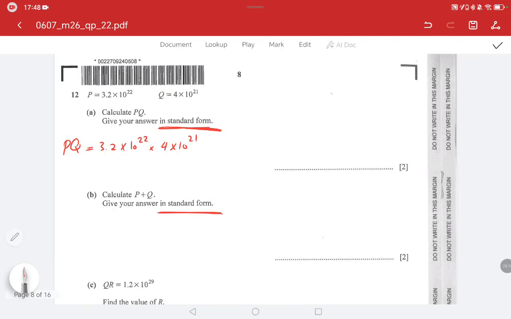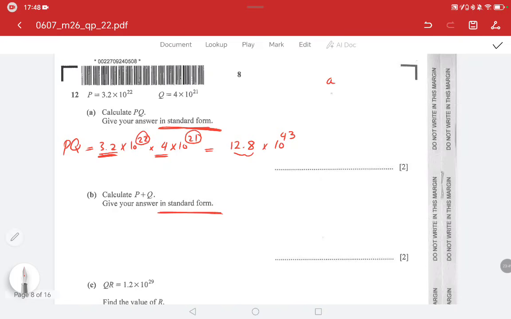In case of multiplication, we add the powers. So 22 plus 21 should be 43. And we multiply the numbers. 3.2 times 4 should be 12.8. Okay, but 12.8 is not standard form because it's not between 1 and 10.